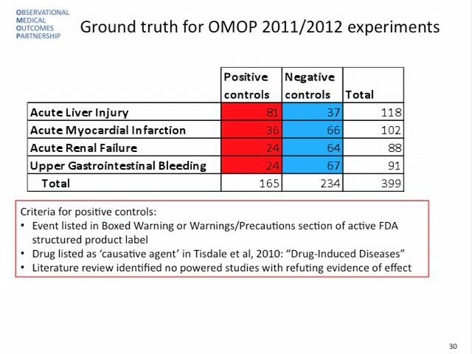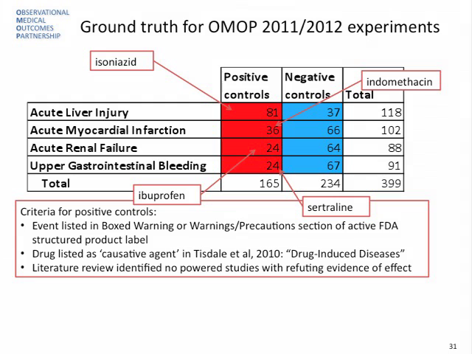And obviously you could have weakly powered studies that found no effect, and we tried to tease those out. So all three criteria: FDA label, Tisdale, no literature evidence that would be against that drug causing that effect. Typical examples, out of those 81 drugs that are positive controls for liver injury, isoniazid, out of those 24 drugs for acute renal failure, ibuprofen, and so on.